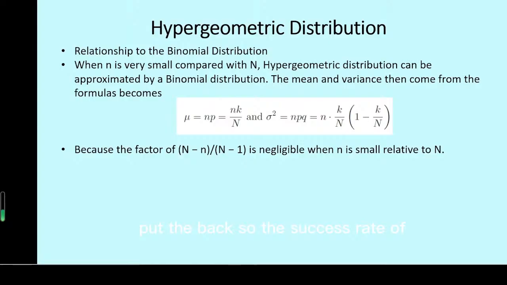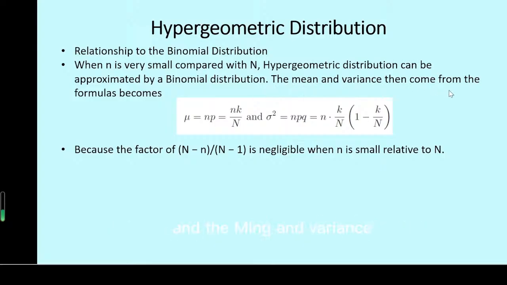So the success rate of a defective item and so on is not constant from trial to trial, right? But when n is very small compared with N, the hypergeometric distribution can be approximated by a binomial distribution.